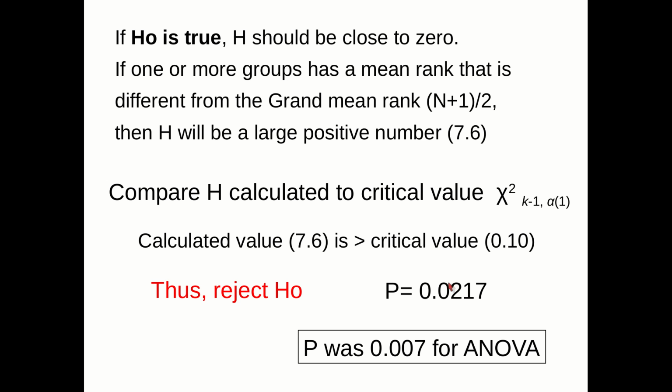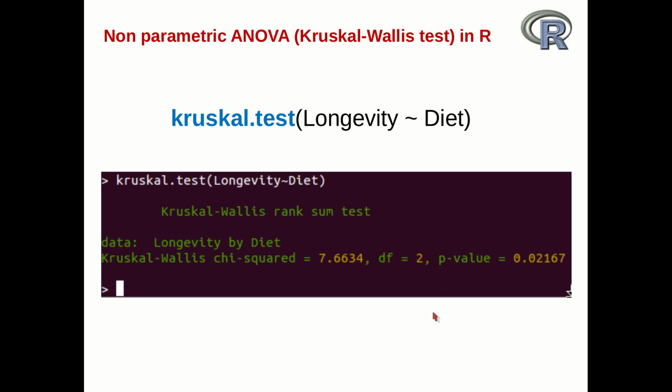So less power here than there. This is very typical for experiments with small sample size, which is the case for this rat experiment and for many experiments in biology, and so higher power for the one-way ANOVA. When sample sizes are large, the power doesn't really change, so you'd expect to see similar p-values.